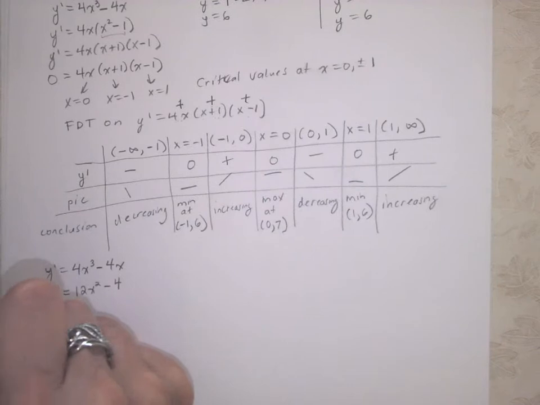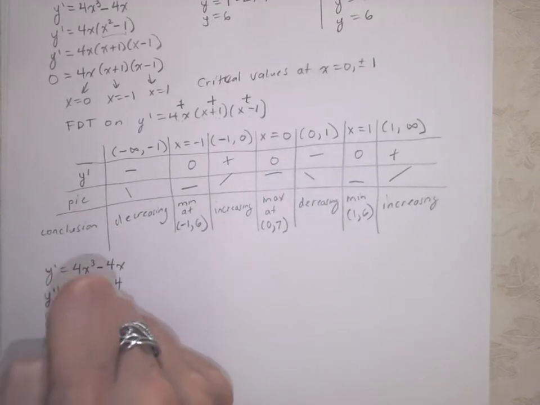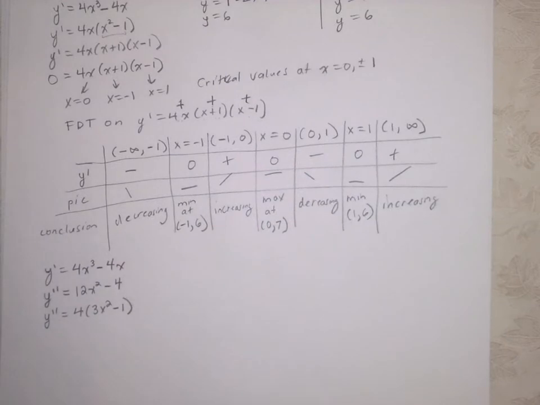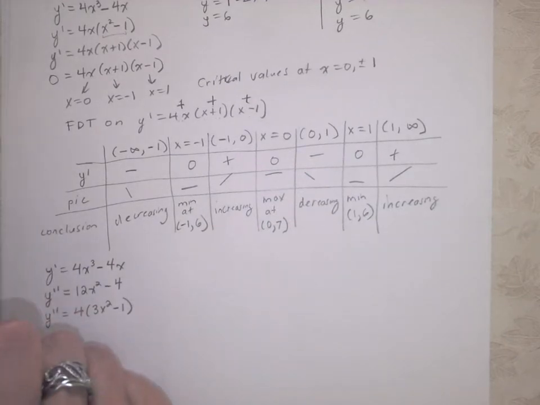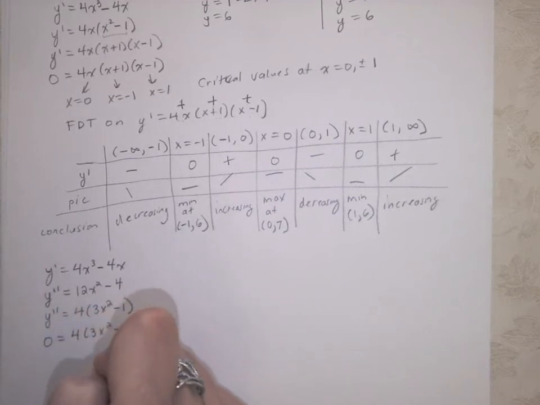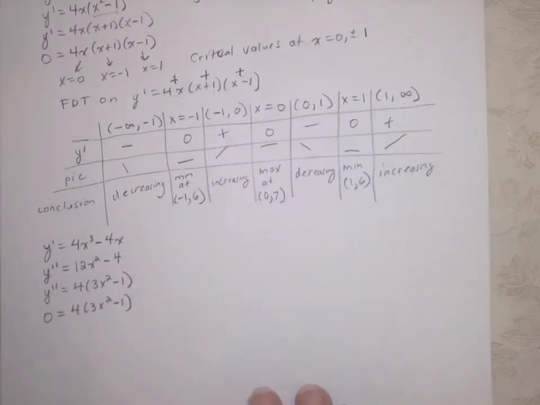Can we factor that? We can factor out 4. But that's not a nice difference of squares. We still want to set it equal to 0 and solve for x, which just isn't going to be quite as easy.